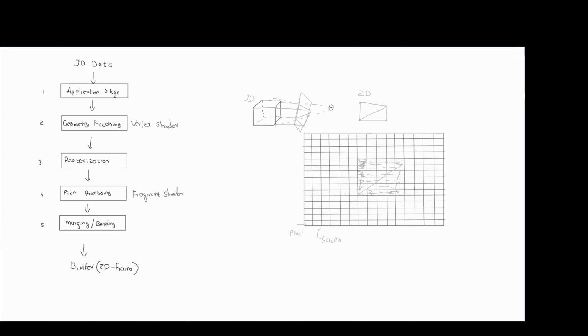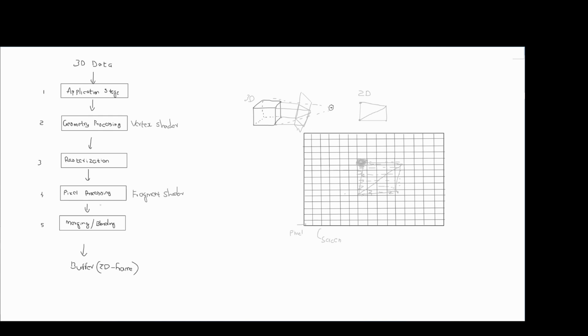We go to each fragment in this data and try to apply various colors and textures based upon some data. So now we get the coordinates, the position on the screen, and also the color of that fragment or pixel at that position.